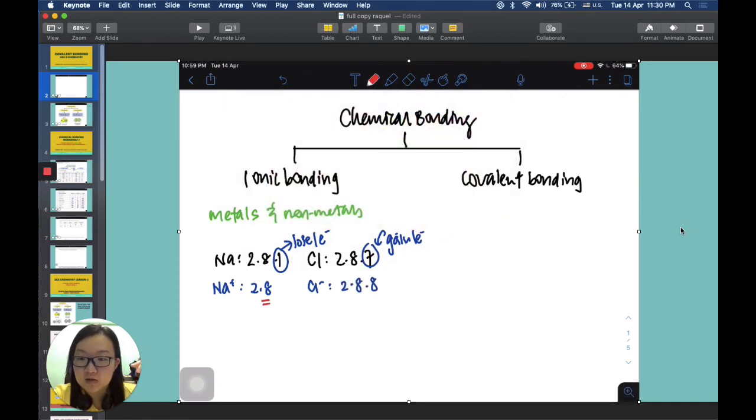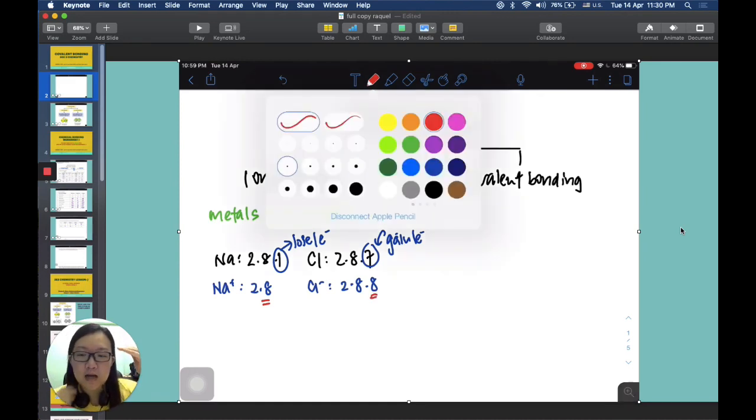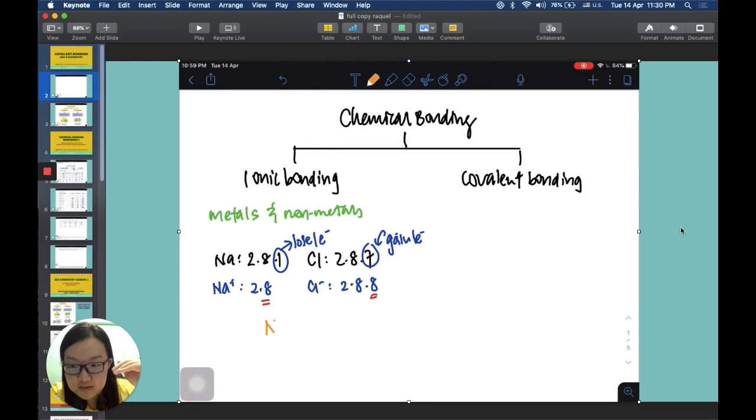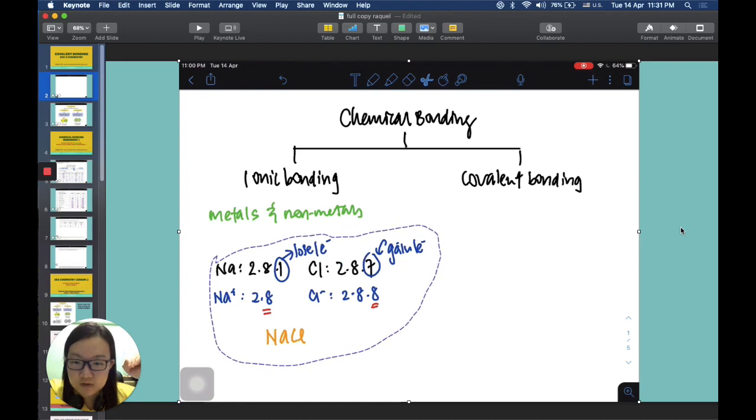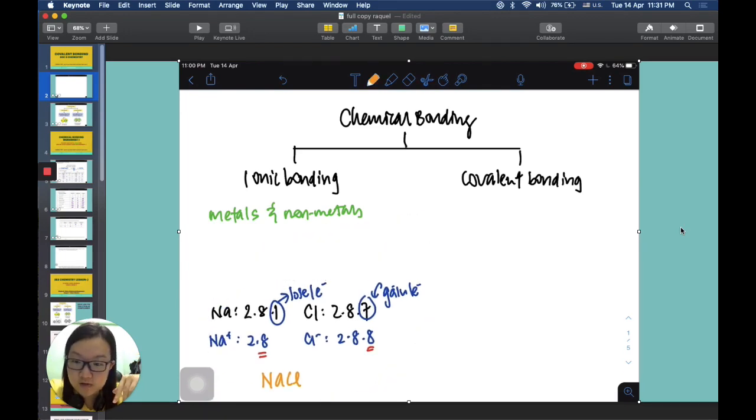So when the atom loses or gains electrons to form the ion, it is very stable because it already has the octet, which is 8. When we balance the charges, that's how we get the formula for the ionic compound, in this case sodium chloride, NaCl.